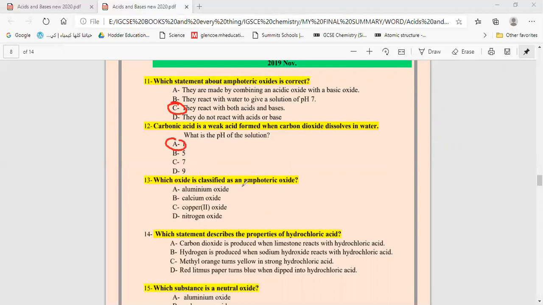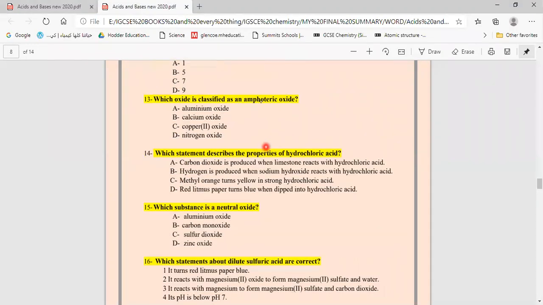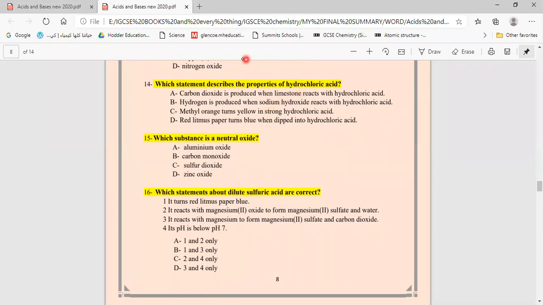Which oxide is classified as amphoteric? We said a minute ago, aluminum oxide. Yes, it's aluminum oxide. Repeated question about aluminum oxide. Which statement represents the properties of hydrochloric acid? Who can remind me about the chemical formula of hydrochloric acid? HCl. This one is a dangerous acid because it is a strong acid.